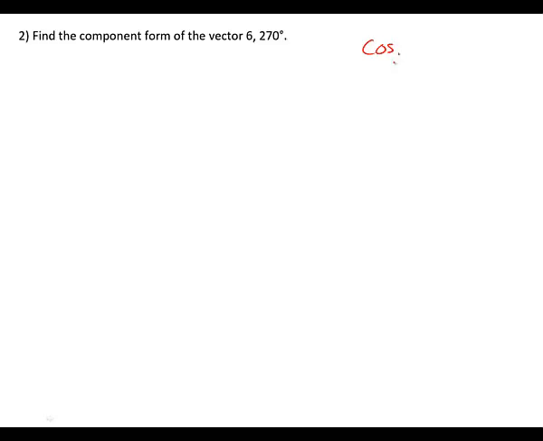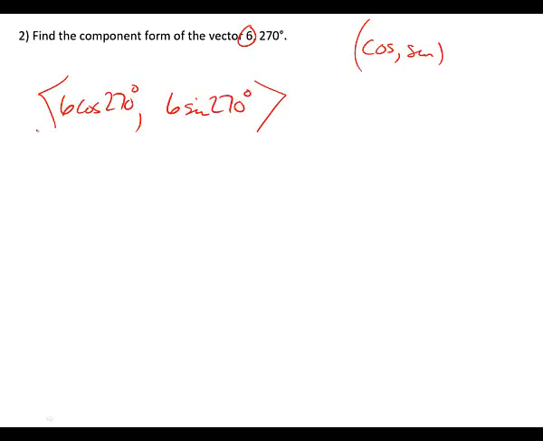You've got the cosine, comma, the sine for unit circle, right? So the component form of the vector is you take whatever the value is, and that goes in front, okay? Then the x is cosine, the y is sine, and then you put your degree measure in the back. And that's it. That's your component form. That's all you do.